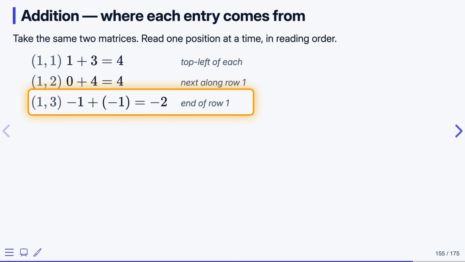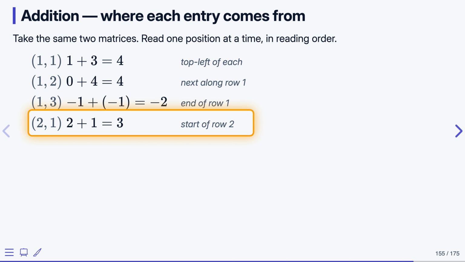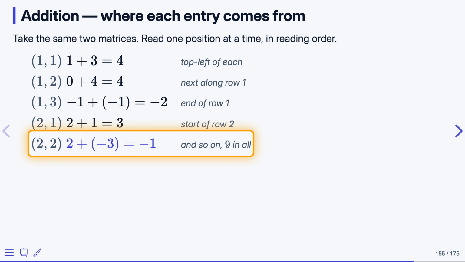Adding 2 negatives gives minus 2. Now drop to row 2, column 1, 2 and 1. 2 plus 1 is 3. Row 2, column 2, 2 and minus 3. That gives minus 1. Carry on the same way through all 9 positions. There is nothing else to it. Same position, add the pair.